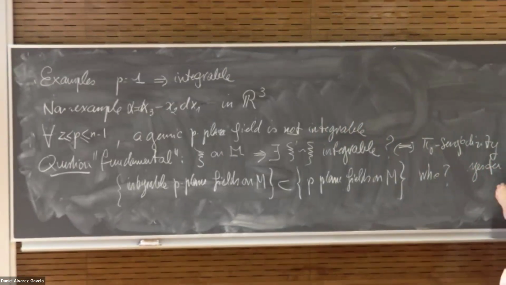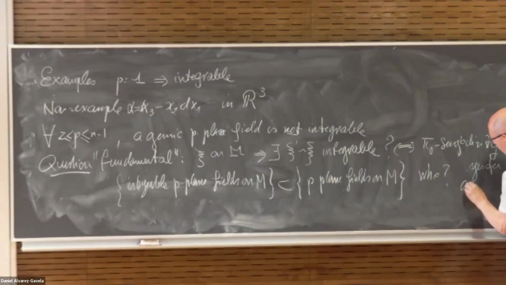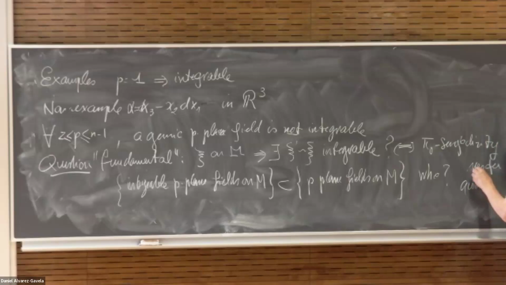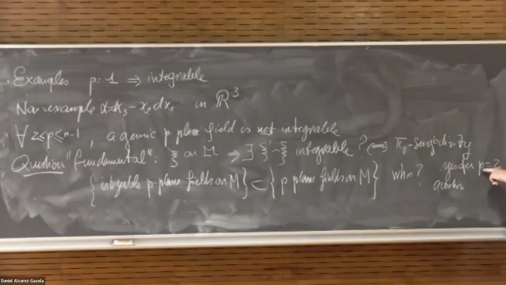And it's a big question for p equals 2 and q at least 2. So plane fields of dimension 2 in ambient manifolds of dimension at least 4.